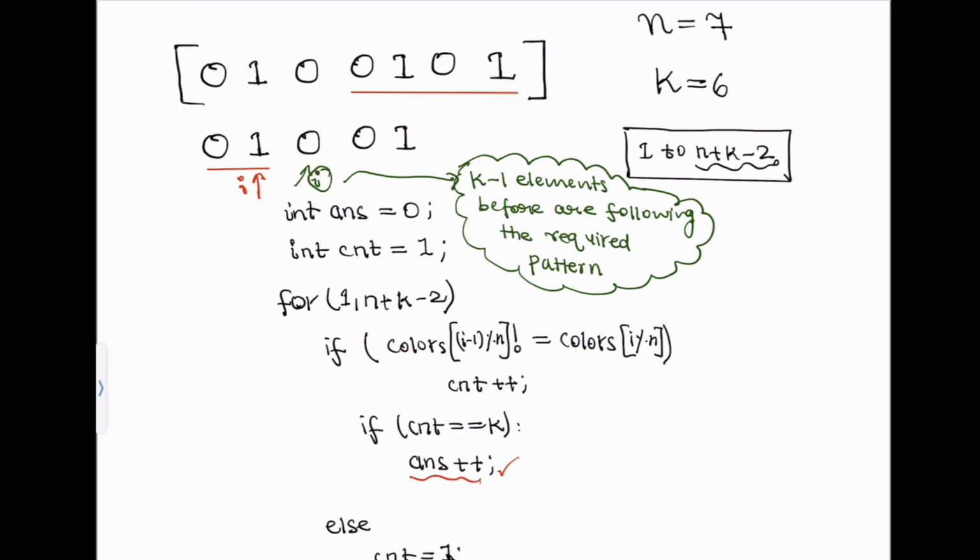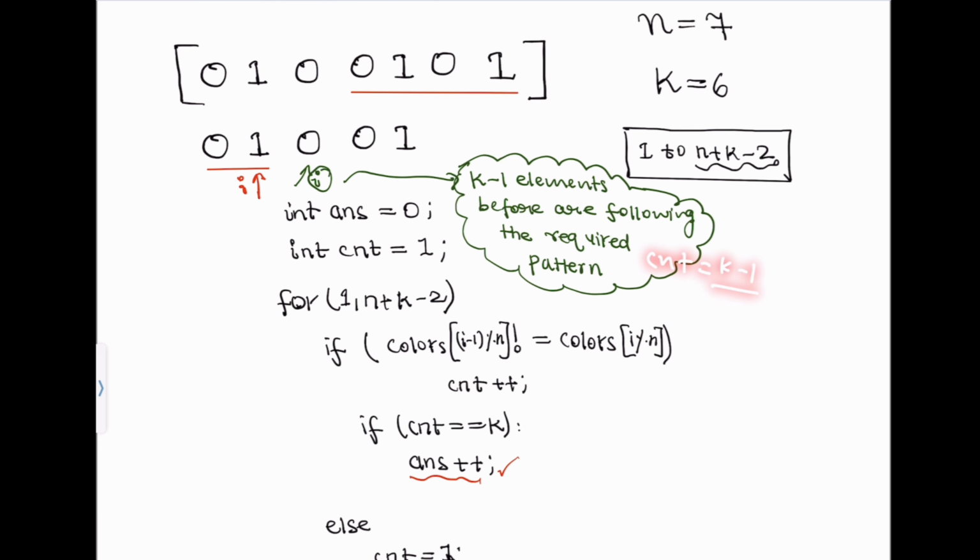So when we come at this index, then we already have the count of k minus 1 elements that are following the pattern, k minus 1 elements before it. So it means these 5 elements before it, isn't it? So the count over here should be k minus 1.